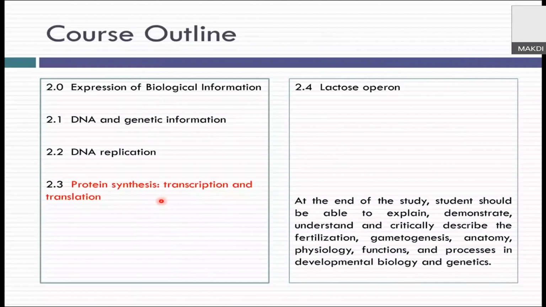Protein synthesis is when we need to express, that's why we call it the expression of biological information. When we need to express the genes, the genes are letters A, G, C, T, C, G. Their sequence is actually translated. We can transcribe, we can translate into something, normally protein. So the information in DNA, or what we call genes, has directions to make protein. That's the simple term.